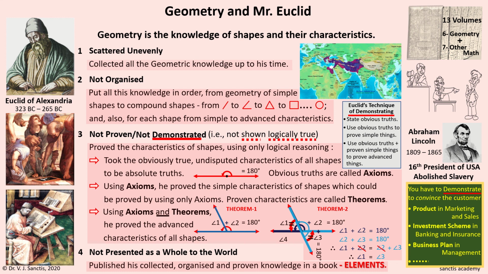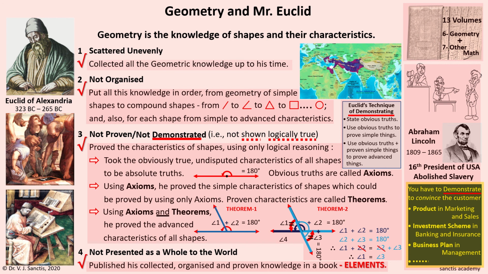The publication of Euclid's book also brought out that Euclid's method of proving was a requirement even in non-mathematical and non-science matters. So, Euclid had transformed geometry into a collected, organized, proven and published body of knowledge.